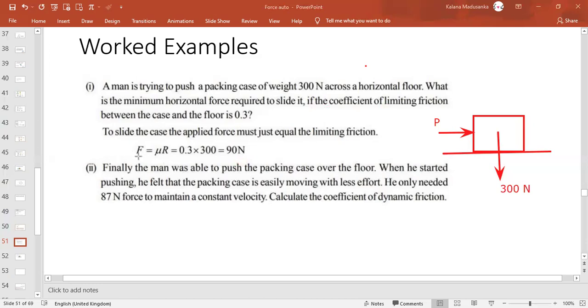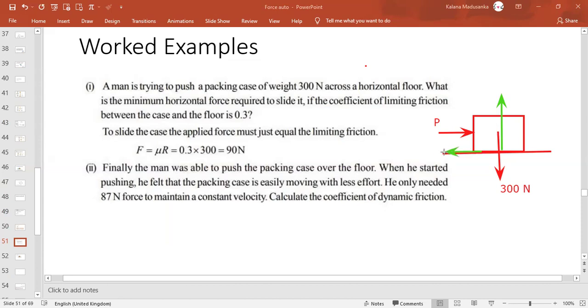Then I can write down the equation F is equal to mu R. Then this is going to be my R value, which is also going to be 300.